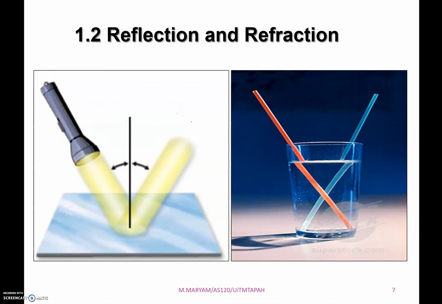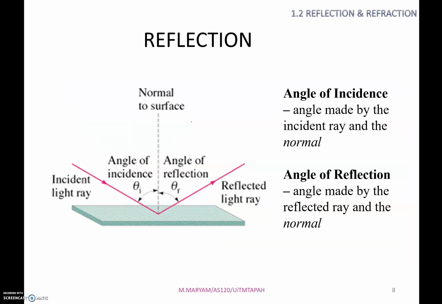Now, let's go to reflection and refraction. I've mentioned reflection many times before. So what does it mean by reflection? A reflection is when light hits a surface and is reflected back at a certain angle. According to the law of reflection, where it hits, that will be the angle of incidence.